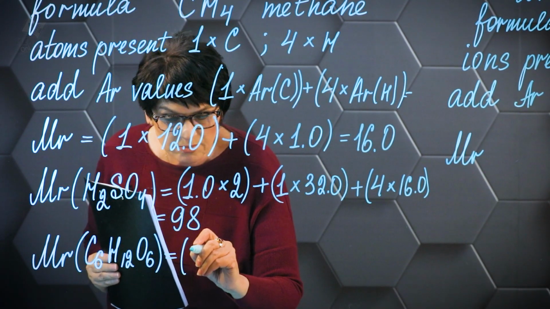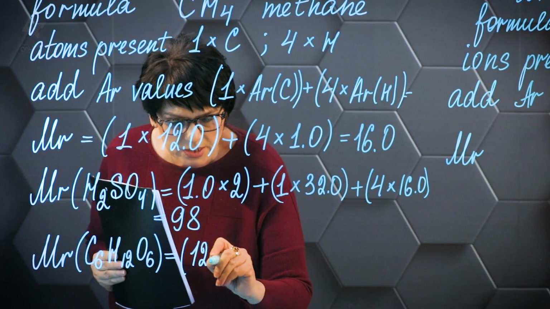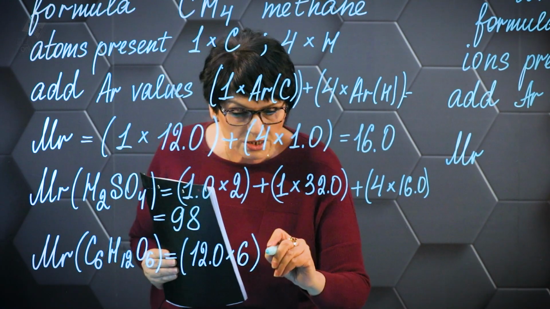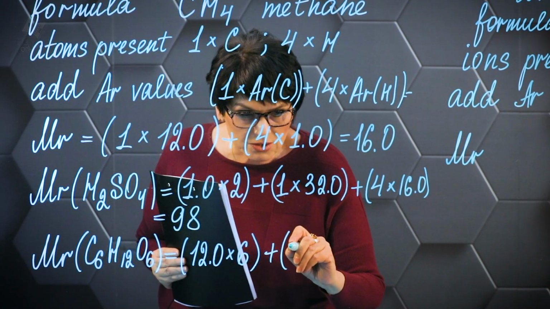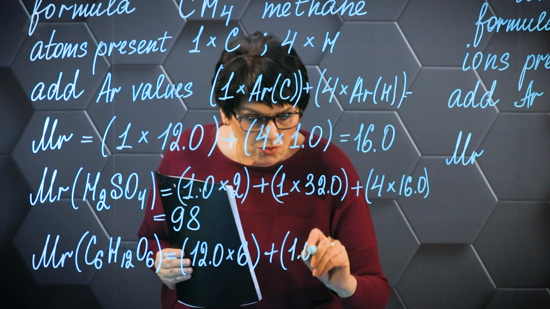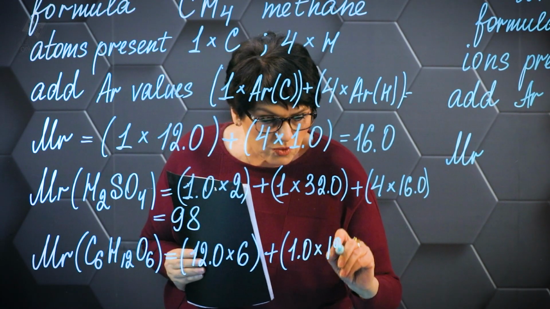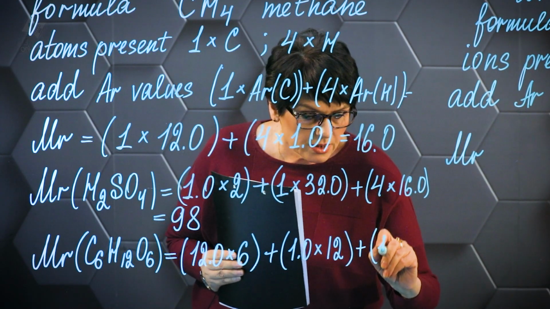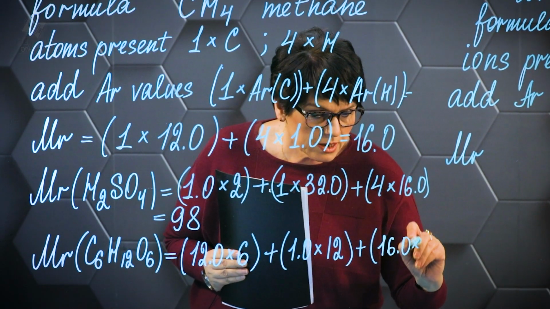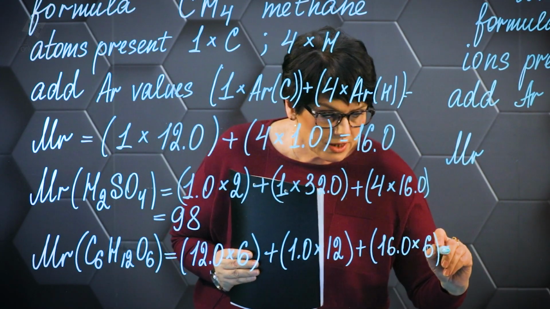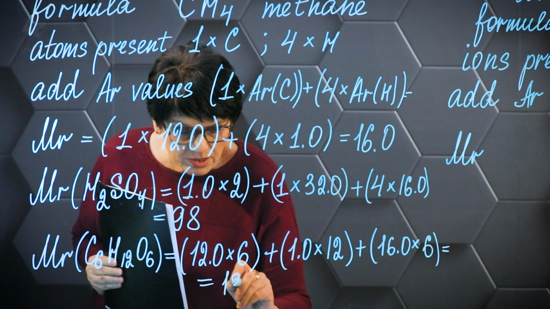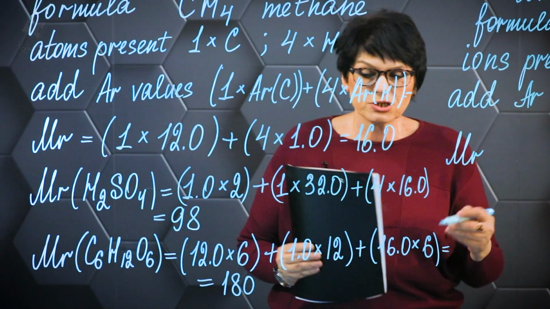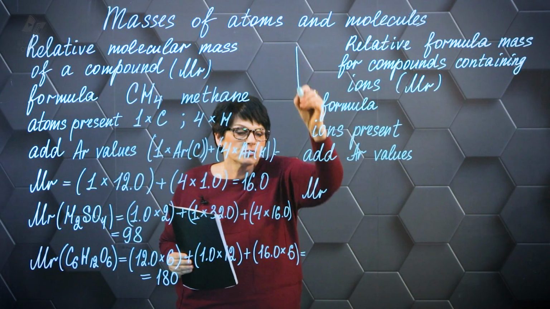We need the mass of carbon, 12, multiplied by its number of atoms, 6, plus the mass of hydrogen multiplied by its number of atoms, 12, and the mass of oxygen multiplied by its number, 6, and the result is a mass of 180. So how the calculation for compounds made up of molecules is done, I think is clear.